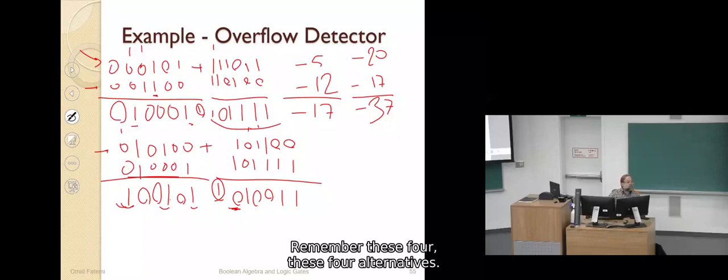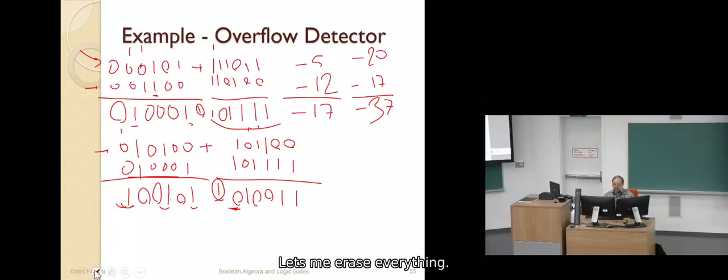Remember these four alternatives. Two positive numbers without overflow, two positive numbers with overflow, two negative numbers without overflow, two negative numbers with overflow. So let's see how we could implement that.